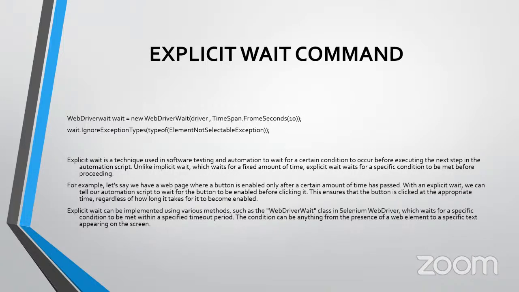The difference between the implicit wait and the explicit wait is that the implicit wait applies to all elements in your code, because it's global. But with explicit wait, you can specify a specific element you want to apply it to. And there is an example which we will go into.